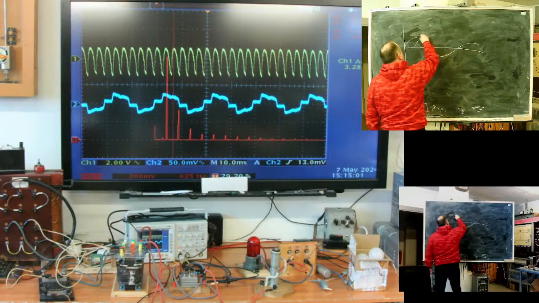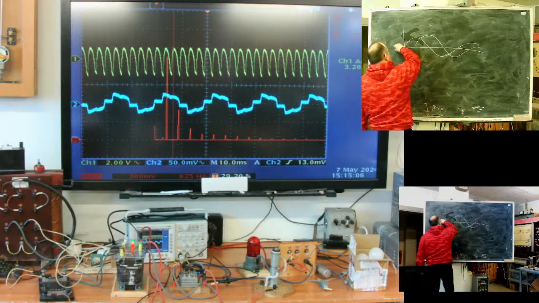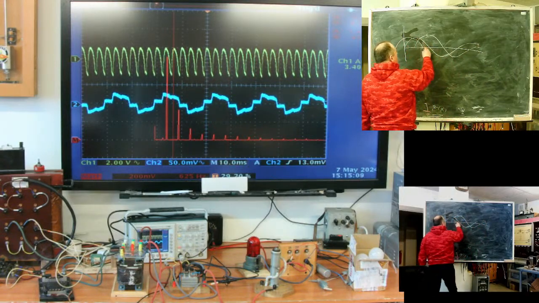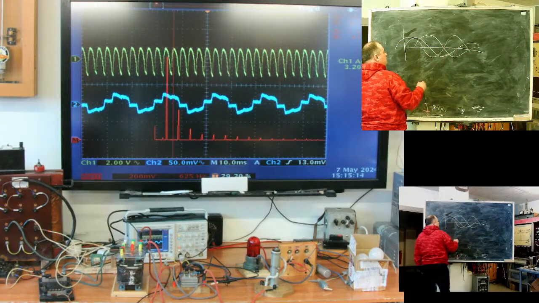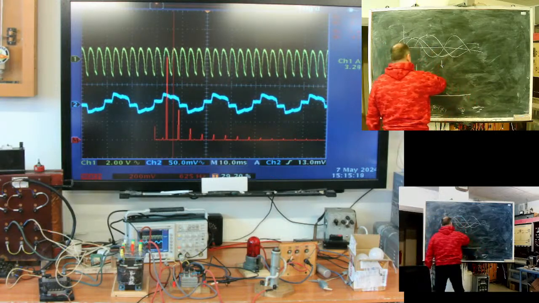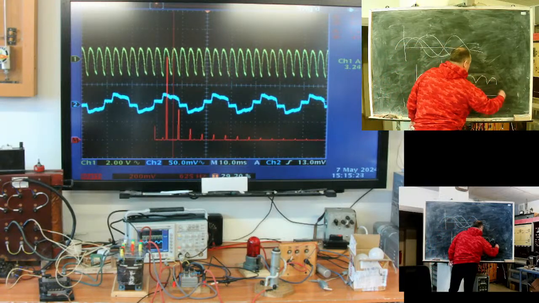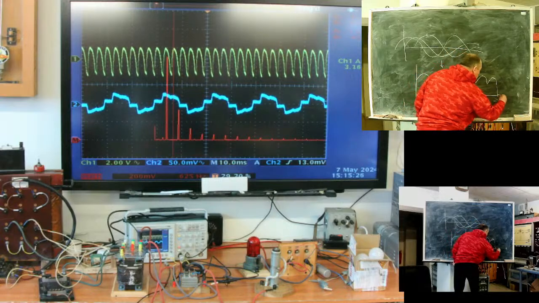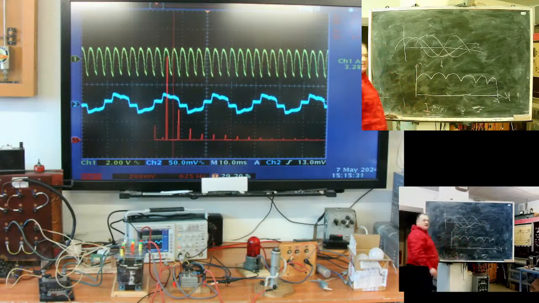A, B, and somewhere here C phase. You see where it's going? 1, 2, 3, 1, 2, 3. Here, 6 omega. 6 waves.